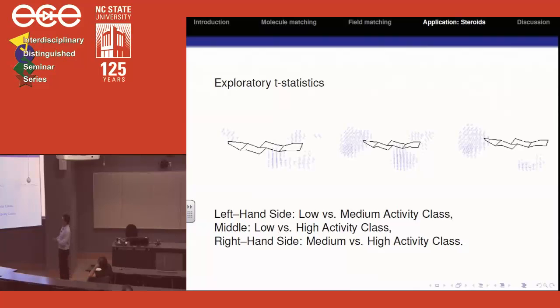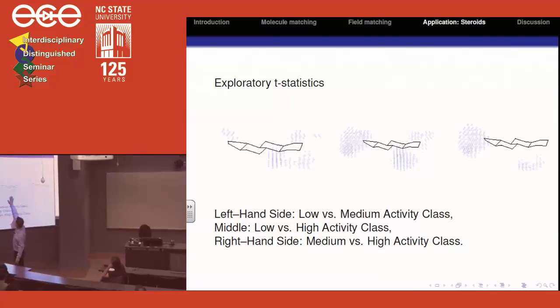So at the last stage, we try to see, okay, they're different, where are they different? So we looked at low versus high class. You get all the low ones and the high ones and match them all together. And then I've shaded in some areas where the t statistic was high, telling you that they were very different at that point.